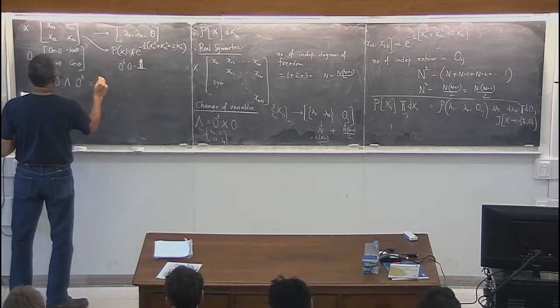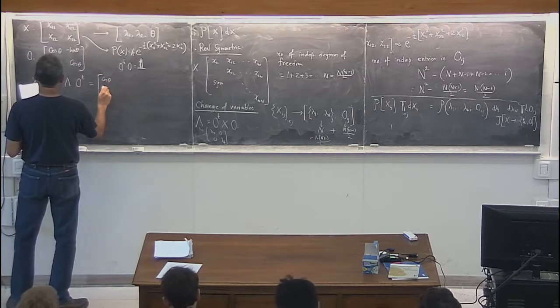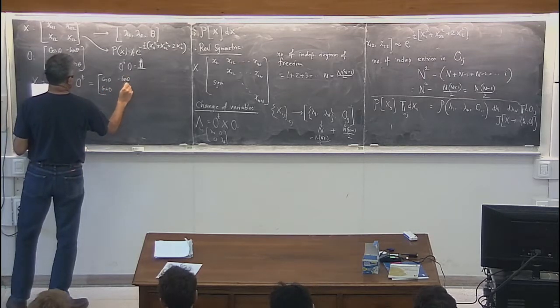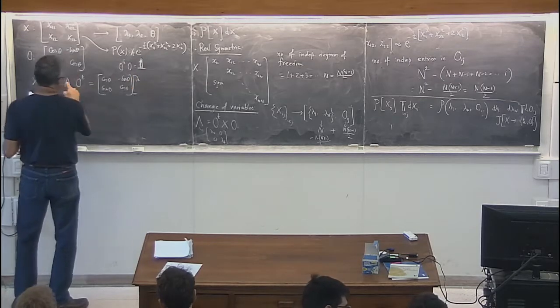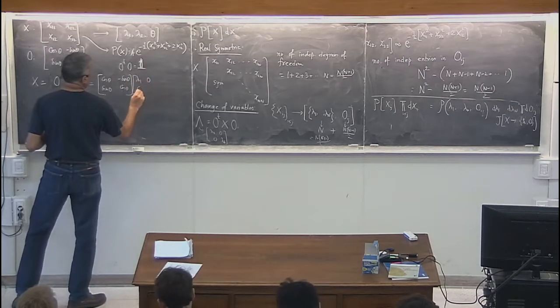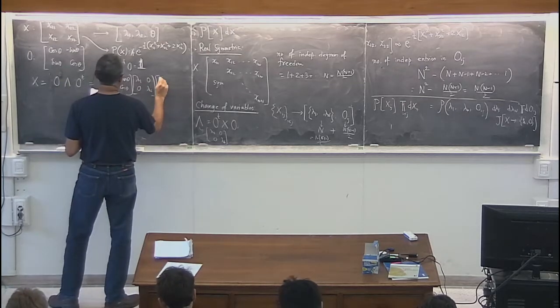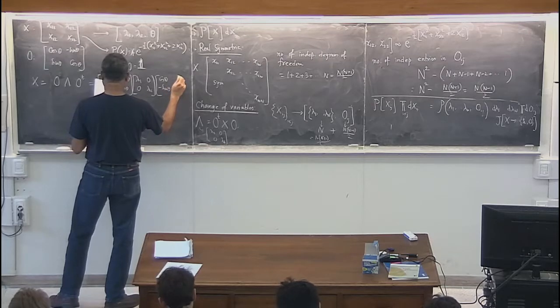This is a 2 by 2 matrix, cosine theta, sine theta, and a diagonal matrix lambda 1, 0, 0, lambda 2, and then cosine theta, minus sine theta, O transpose.